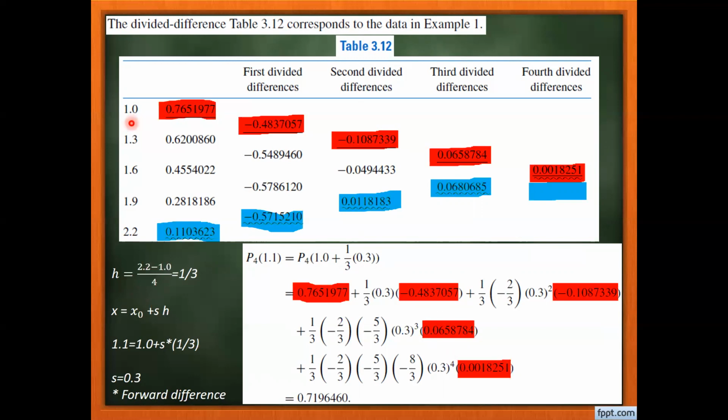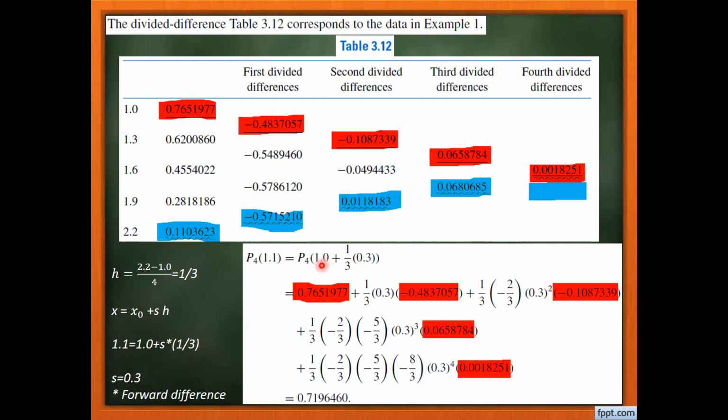The number of intervals is 1, 2, 3, and 4, so it will be equal to 1 by 3. As we have discussed earlier, x is equal to x naught plus sh in forward difference interpolation. By substituting the value of x, which is 1.1 here, x naught, which is 1.0 here, and h, the value of s comes to be 0.3.